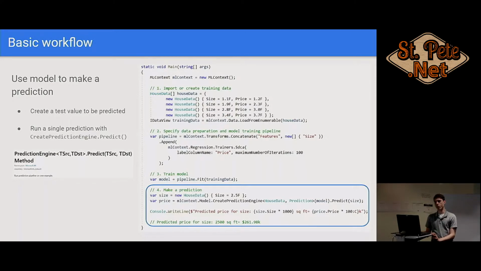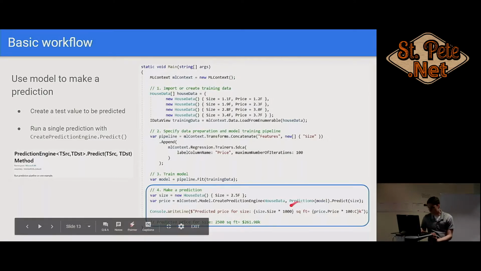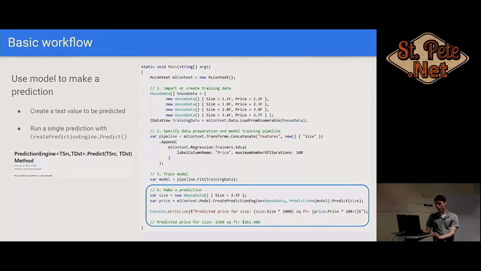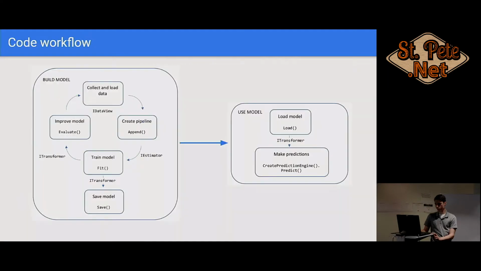Once you append the predict method at the end, it finally runs the training model, because those are lazy runs, so they only run when you call them, and that returns the predicted values for this model. For this one, with a size of 2,500 square feet, it predicts the price to be 261,000.